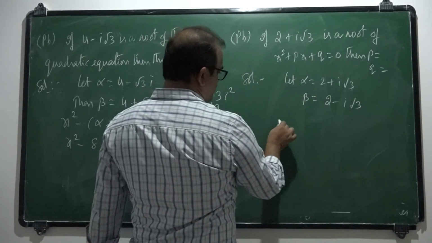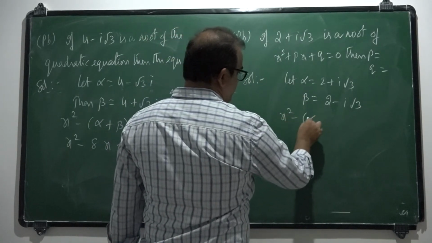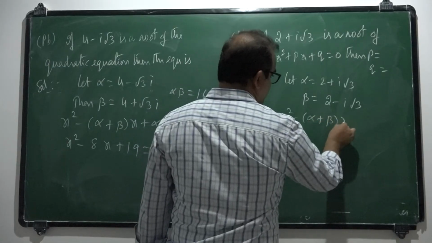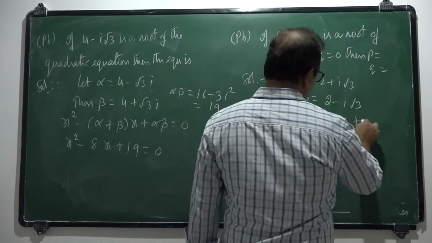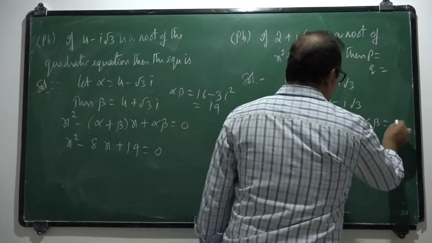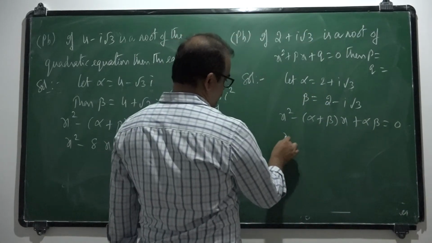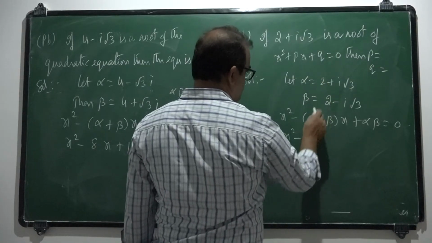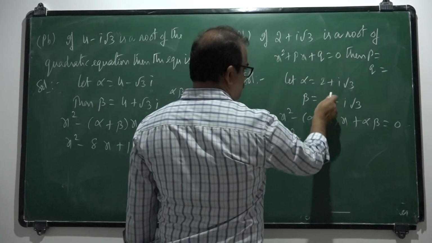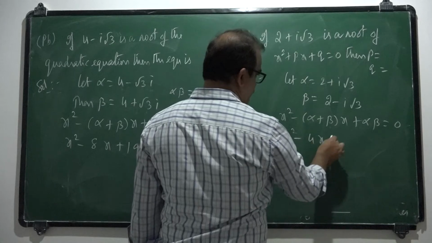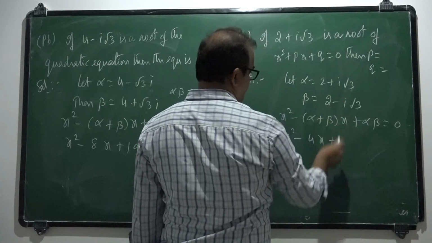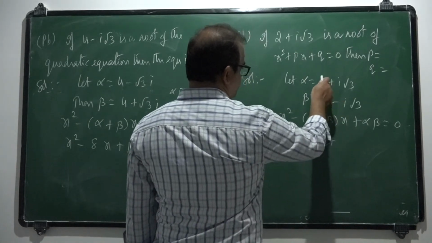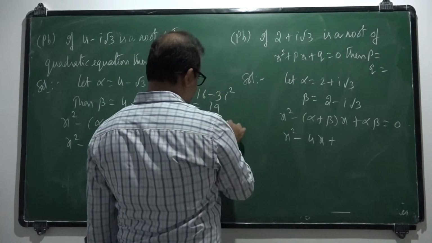Then what is the quadratic equation? x square minus alpha plus beta into x plus alpha beta is equal to 0. x square minus alpha plus beta, sum of the roots 2 plus 2, 4, into x plus alpha into beta. Multiply alpha into beta.